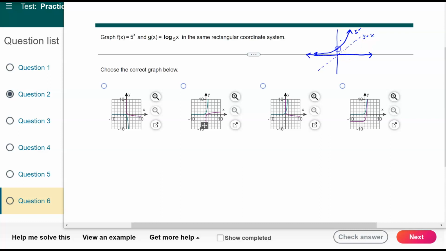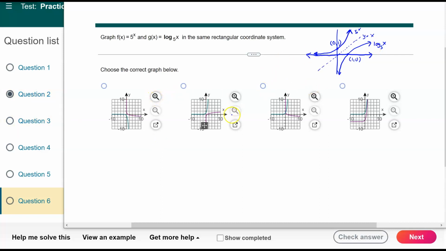So suppose this point here is 0, 1. On its inverse, that becomes 1, 0. And this curve here, when reflected along this line, will be this curve here. So this is the graph of log of x base 5.